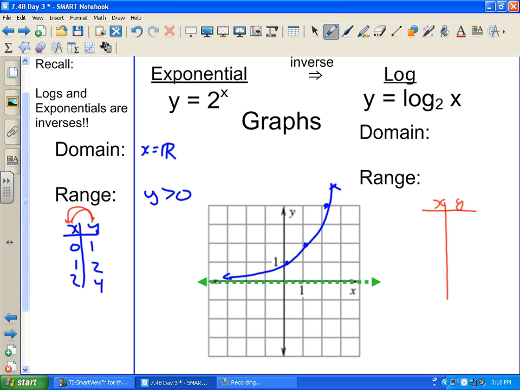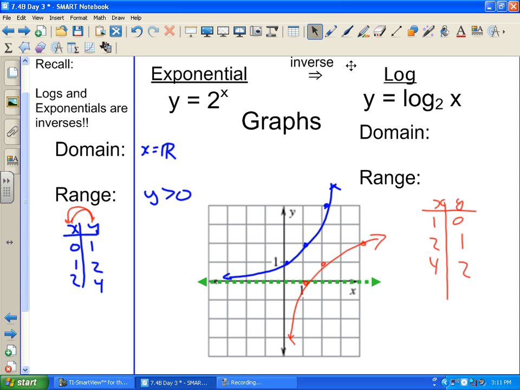So my inverse, or y equals log base 2 of x, will have the coordinates 1, 0, will have the coordinates 2, 1, and will have the coordinates 4, 2 because of the inverse properties. Let's look at that. 1, 0, 2, 1, and 4, 2. We have a graph that looks something like this.